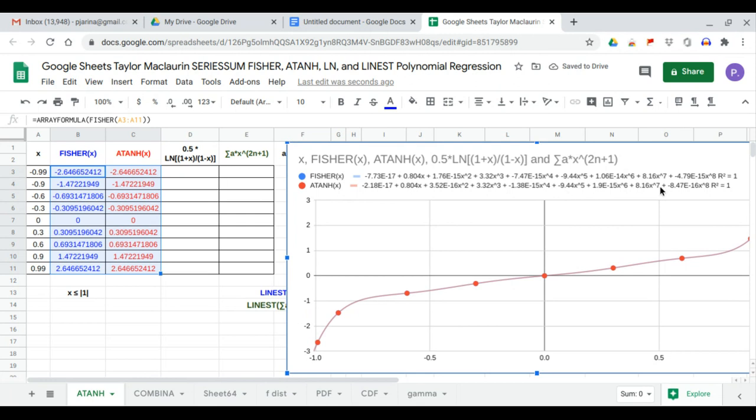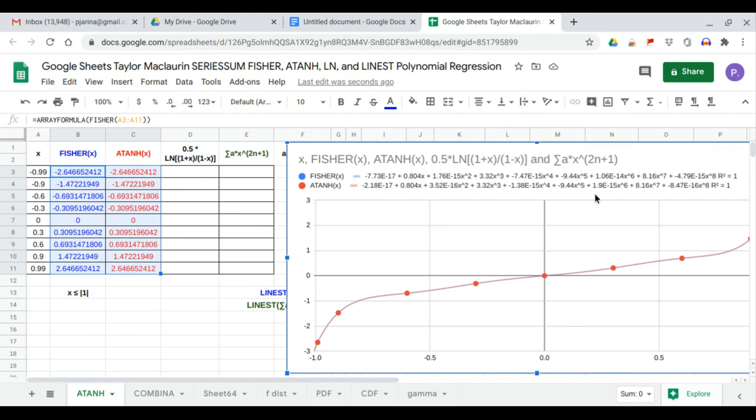polynomial regression to the degree 8, they're on the same line because they have the same coefficients. This is b1, they have a match on b1, and this is b0, b1, b2, this is actually 0, b3, this is 3.32, they are the same. b4, they have a difference, but this is very small, 7.47 times 10 to the minus 15, 1.38 times 10 to the minus 15, this is 0.